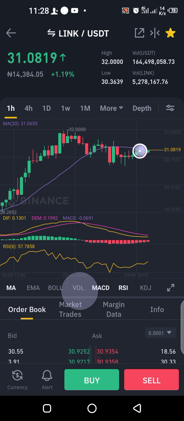You can see the candlestick was far below here, but now it's moving closer. Don't forget I told you the market is consolidated. That's why. So when you see the candlestick break this moving average 20 line, close above it, and another one opens and closes above it, it suggests a bullish trend has begun.